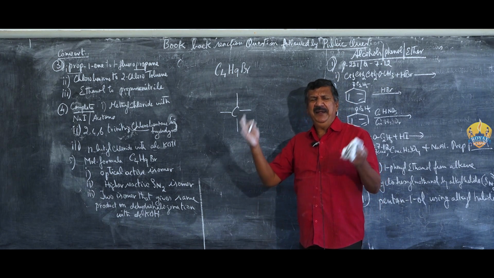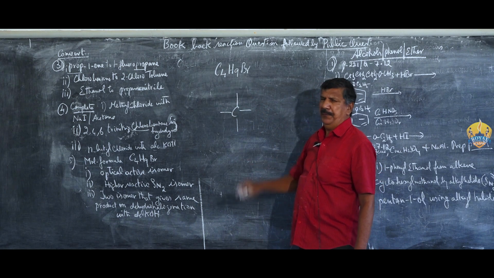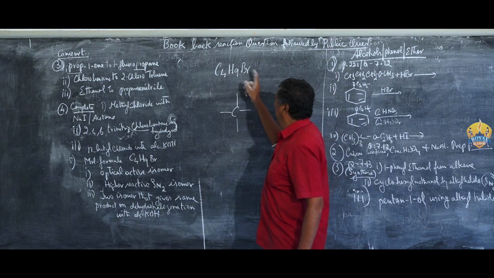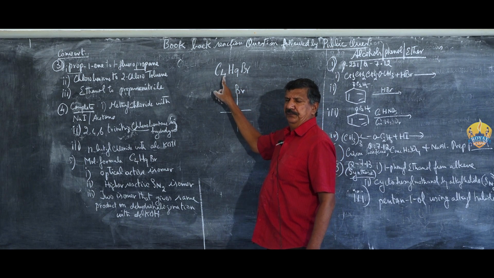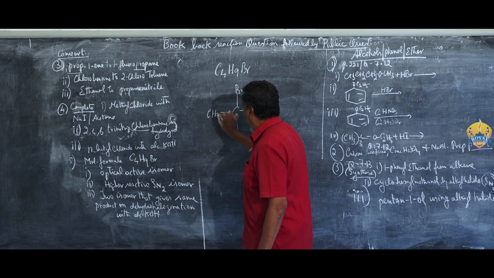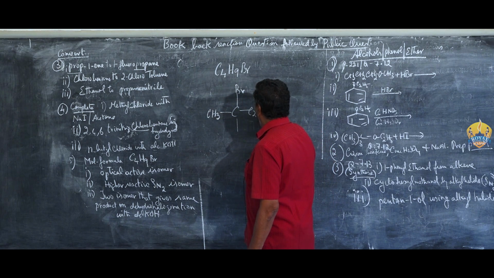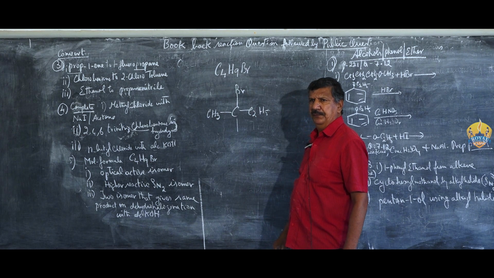So, you should create a compound containing 4 different groups on the carbon. One is already bromide. You are having 4. What will you do? 1, 2, 3, already 4 is over.